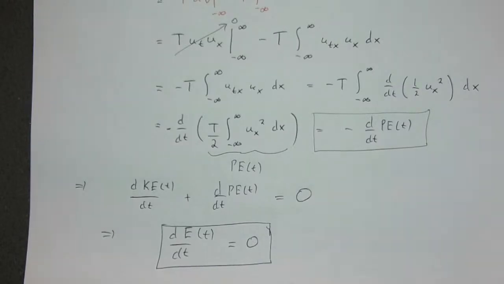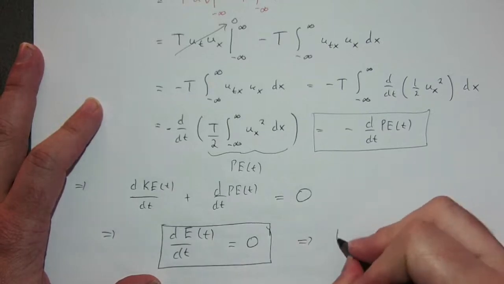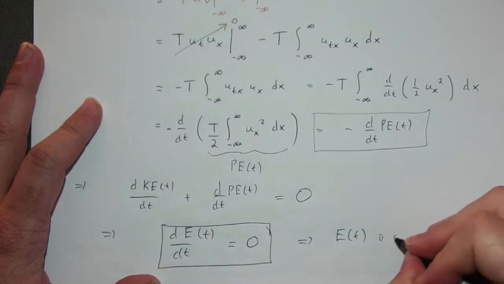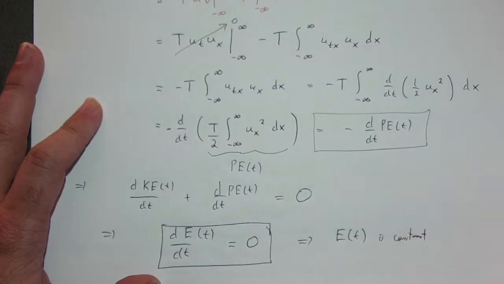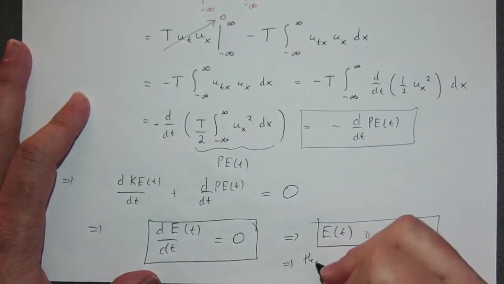But if the derivative of the total energy is 0, this means the total energy is constant. Which is another way of saying the total energy is conserved.